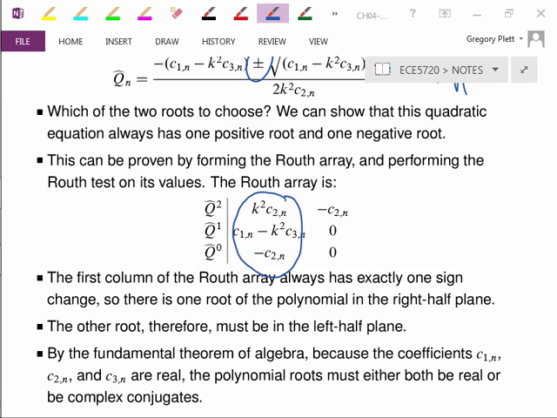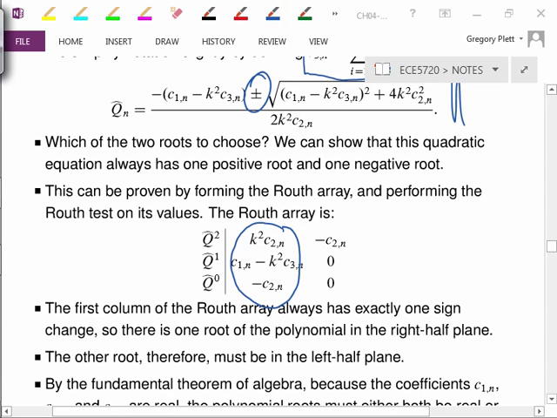In this case, C2n we could either say is a positive number or a negative number. I think it's always positive, but it doesn't really matter. Let's assume that C2n is positive. K squared has to be positive. So we assume that's a positive number. Well, if C2n is positive, negative C2n must be negative. And it doesn't matter if this is positive or if it's negative.